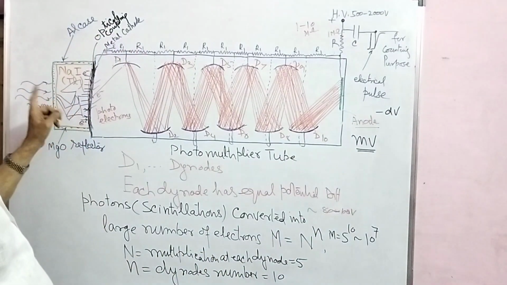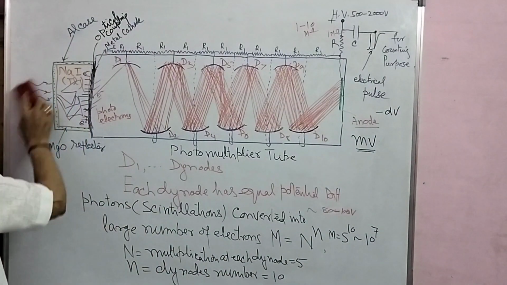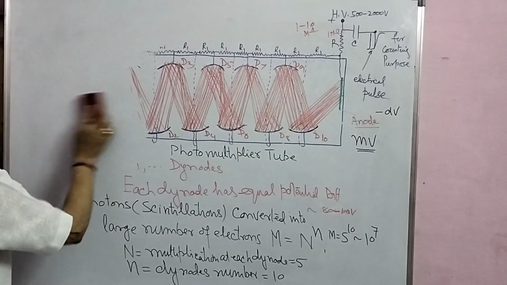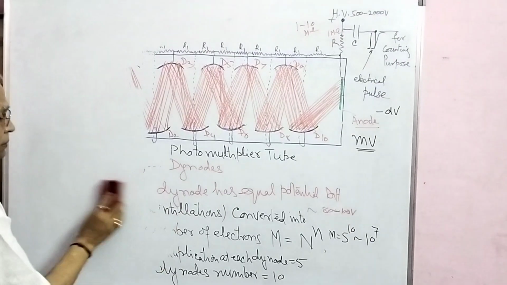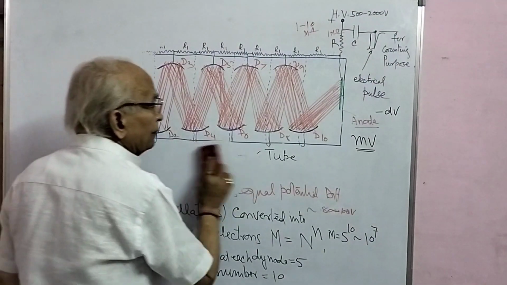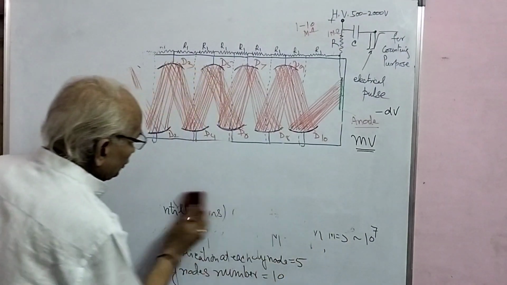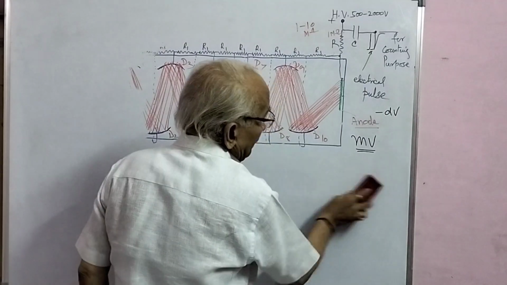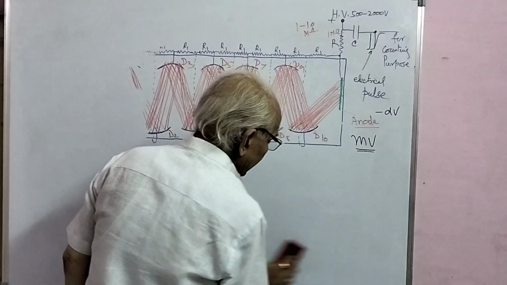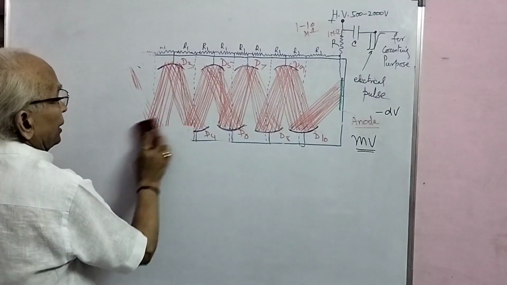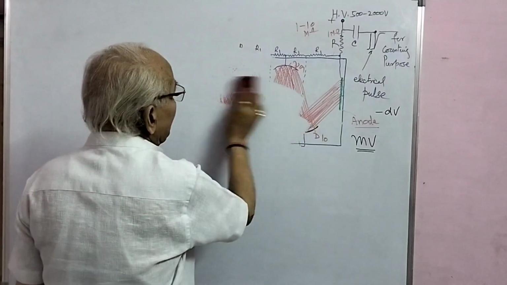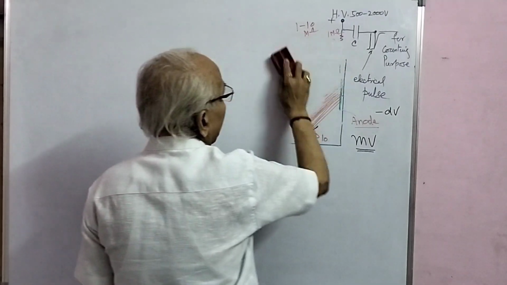So this I can now remove from here. This photomultiplier tube is multiplying photons converted to photoelectrons, and those photoelectrons coming out from the cathode are multiplied by dynodes with equal potential difference, giving a large number of electrons.